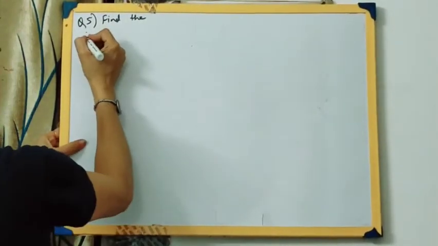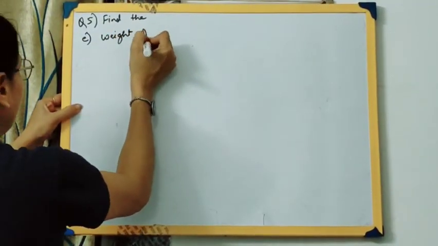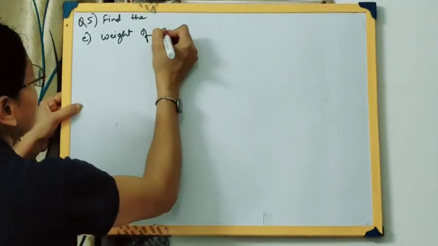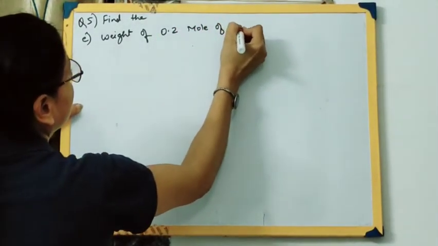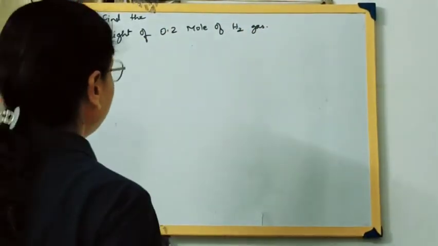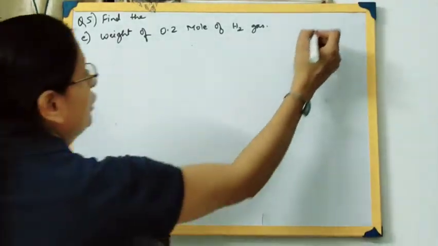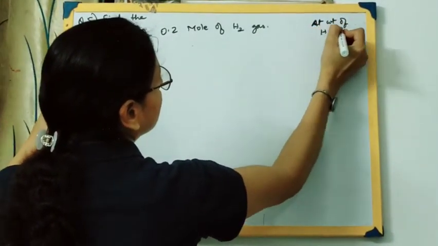Find the weight of 0.2 mole of hydrogen gas. So we'll first find out the weight of 1 mole of hydrogen gas. Now the atomic weight of hydrogen is equal to 1.